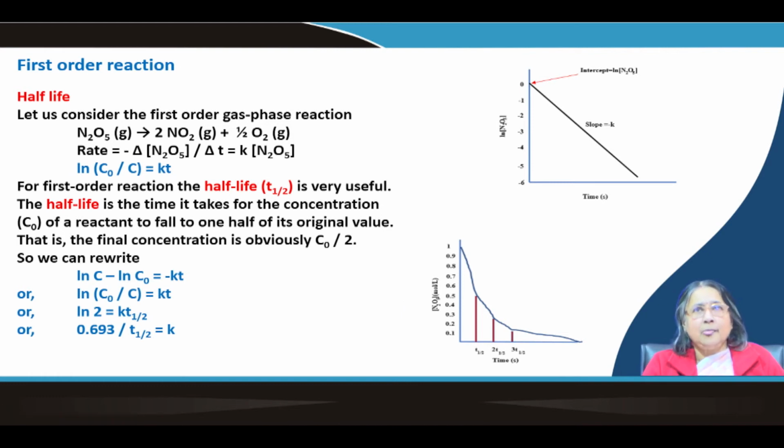That is why radioactive elements are also characterized in terms of their half life. So half life is very important for first order reactions. Half life is always expressed as t half.